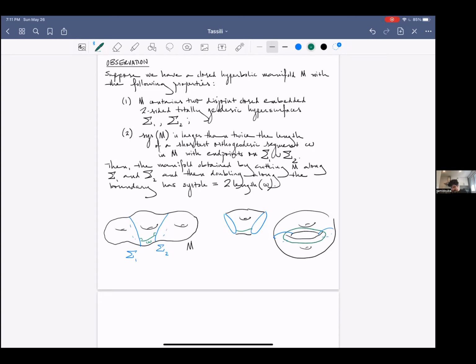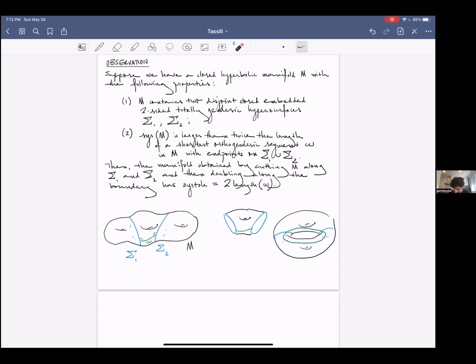Now, the double of the orthogeodesic will give you a closed geodesic of length twice the length of omega. And the claim is that it's a shortest geodesic in this double, and the argument is straightforward.